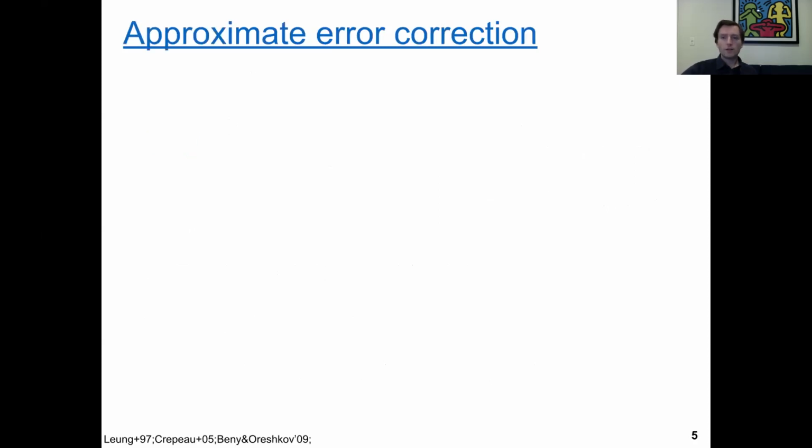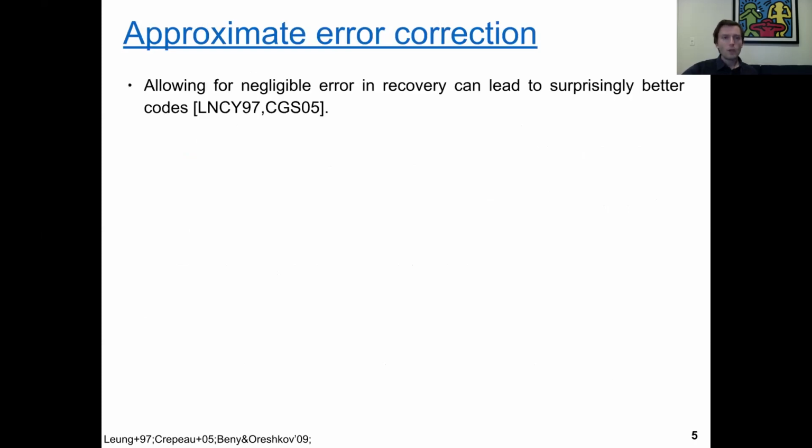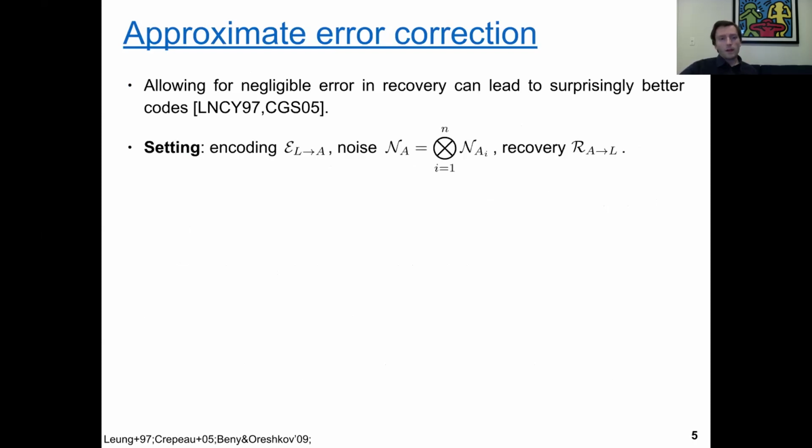So now let's talk a bit about approximate error correction. It turns out that allowing for some negligible error in the recovery can lead to surprisingly good codes. So what is the setting we consider? We have some encoding map, curly E, we have some noise, and we have some recovery operation.